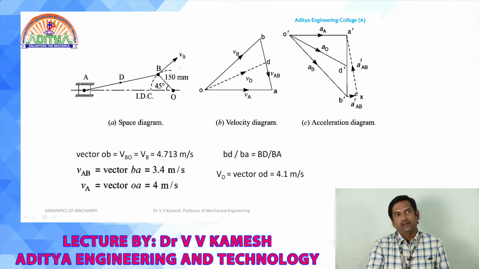The velocity of the point D is identified on BA exactly at the midpoint. If it is somewhere in between, suppose we are making some D dash, then A D dash will become like this.